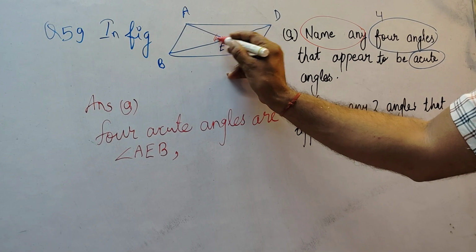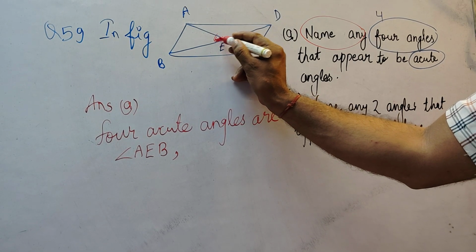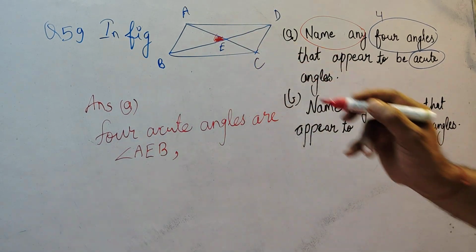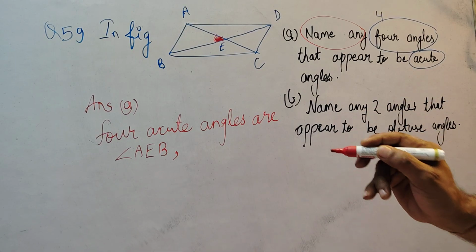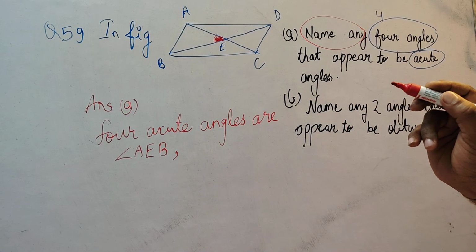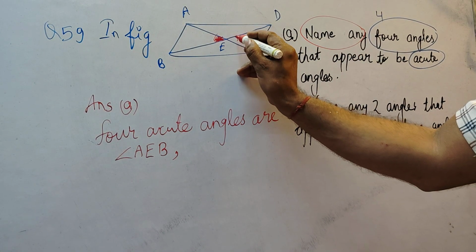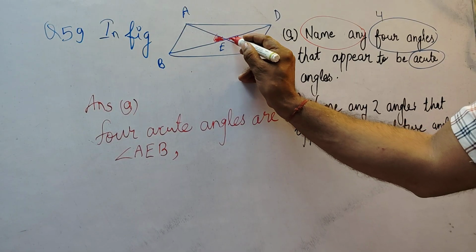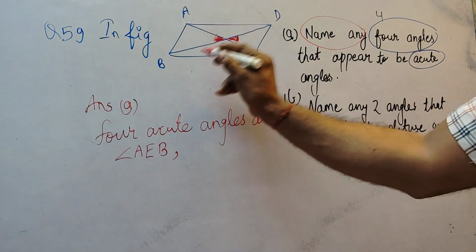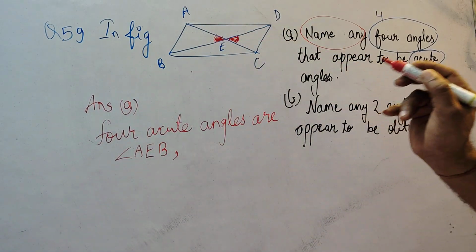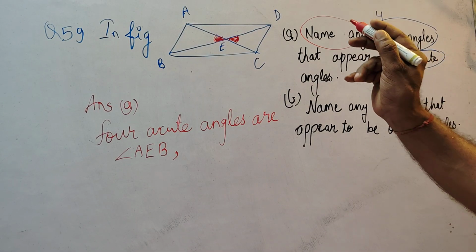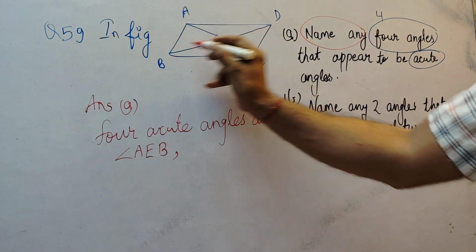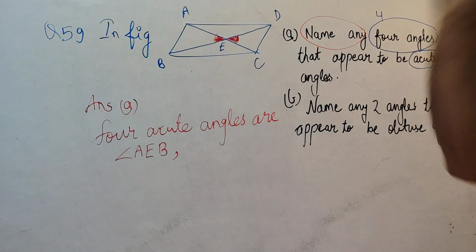This is an acute angle because it is less than 90 degrees. Can you tell the next acute angle? Opposite to it, in the form of letter X, opposite angles are acute. AEB is correct.